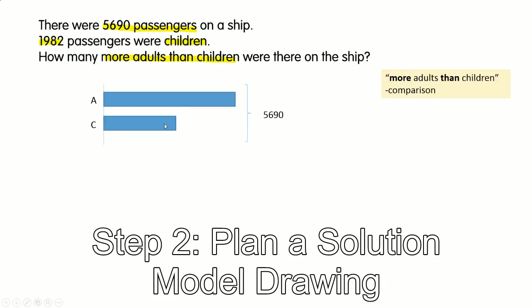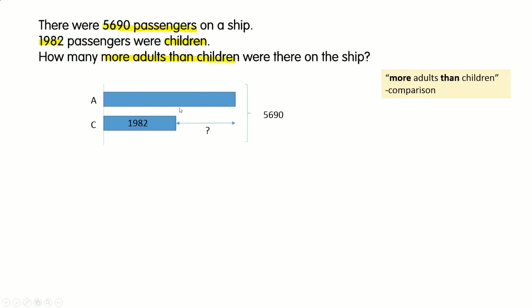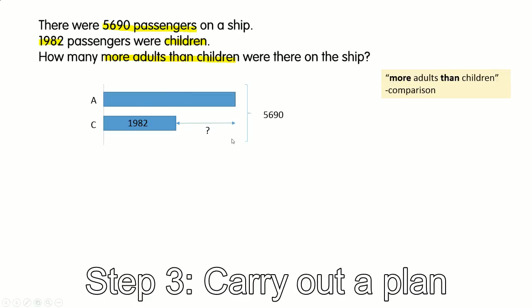We know the number of children, 1,982. The question wants us to find how many more adults than children were there. So we also need to find the difference. As mentioned earlier, there is a missing link. We need to find the number of adults before we can go on to find the difference. Right? So we can go on to step 3.